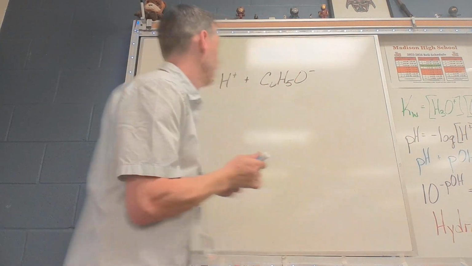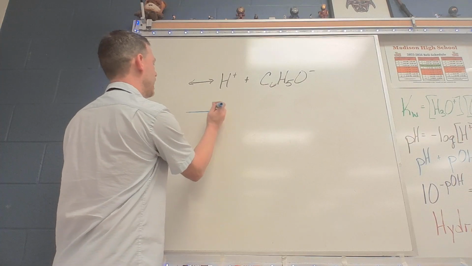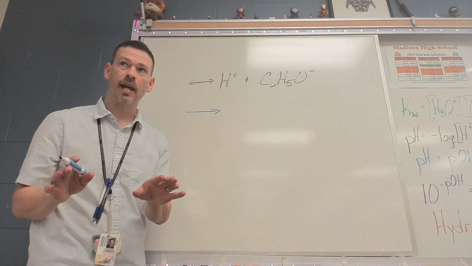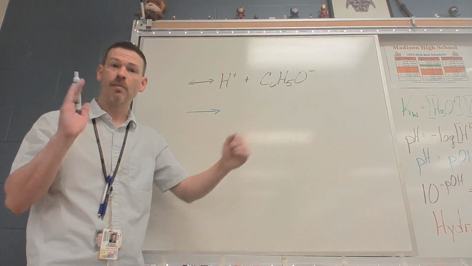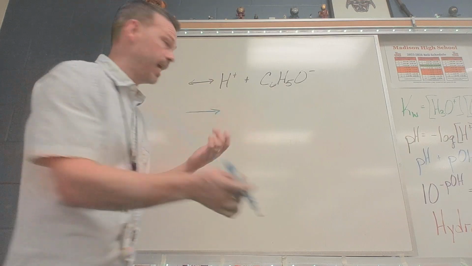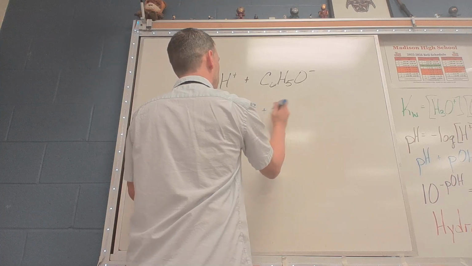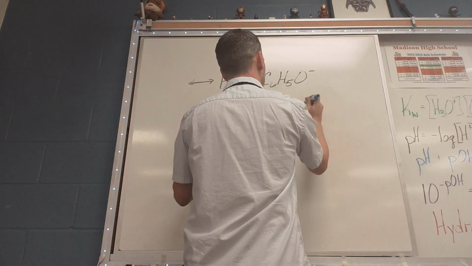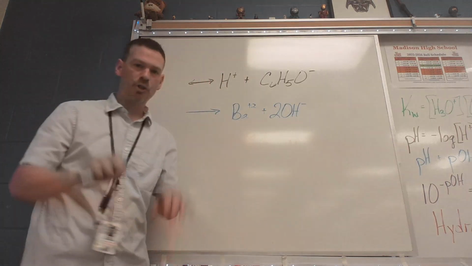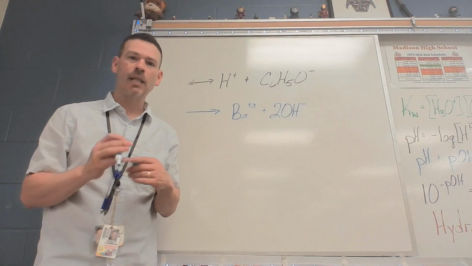The next one is barium hydroxide, which would dissociate with a normal yield sign, because that's a strong base. Barium's one of those group 2 that makes it strong. And it would dissociate into barium ion and hydroxide. All right, just that, dissociate, pulls apart. Exactly what we've been doing.